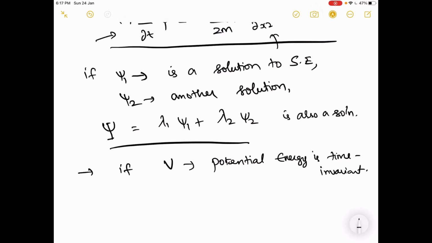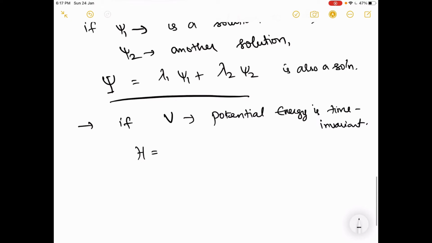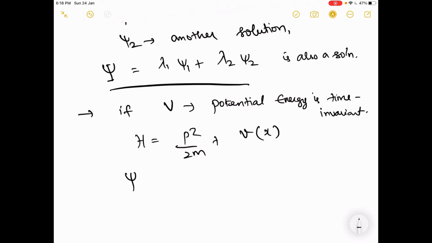in the sense that when we write this Hamiltonian H, P square by 2m plus V, if this V is just a function of position and not of time, then we can split this psi of x comma t into two components, psi x into psi t, such that psi x is a function of only x and psi t is a function of only time, right?